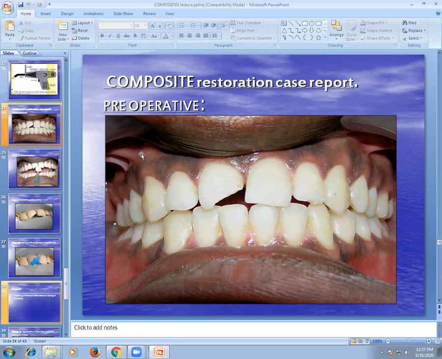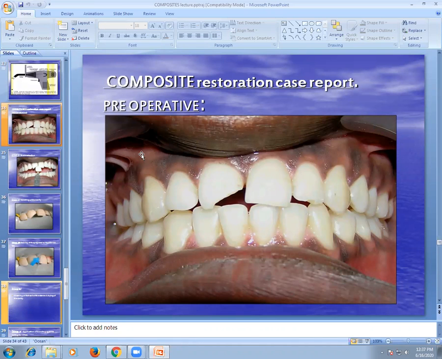The basic advantage of this composite is you don't need to prepare a convenience form, retention form, resistance form for this class 2 cavity, right? You just have to excavate the caries, then remove the unsupported enamel, and then start the basic principle of composite restoration, that is etching, bonding, and application of composite.